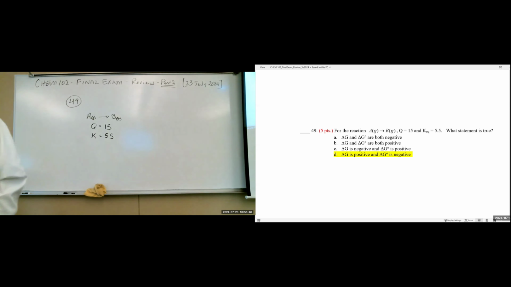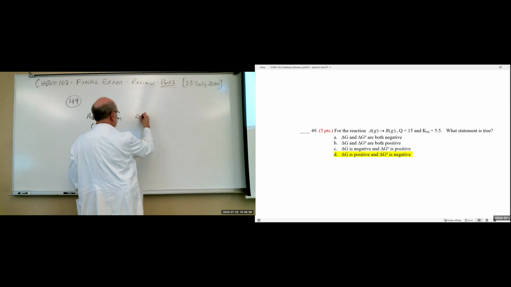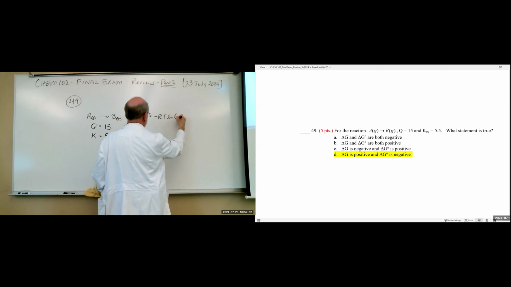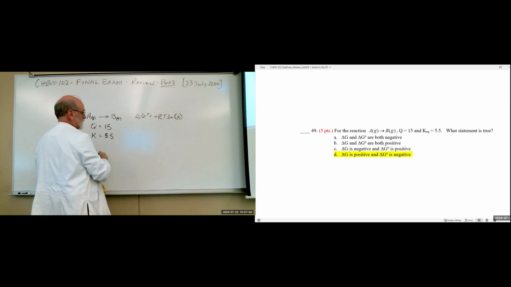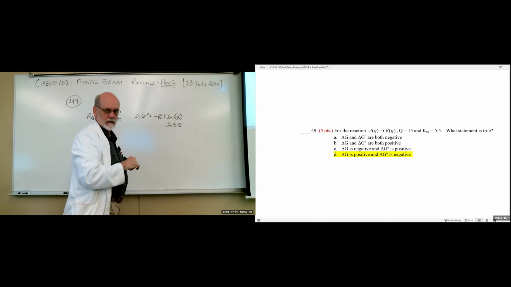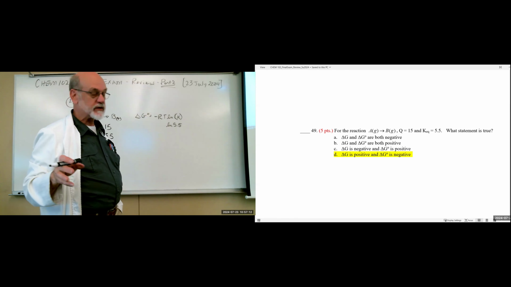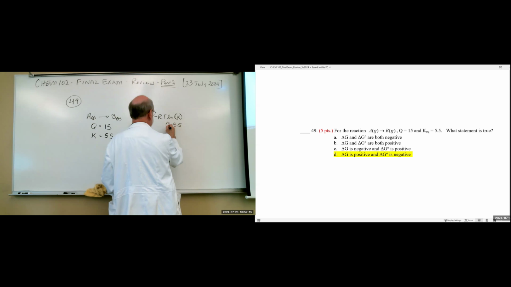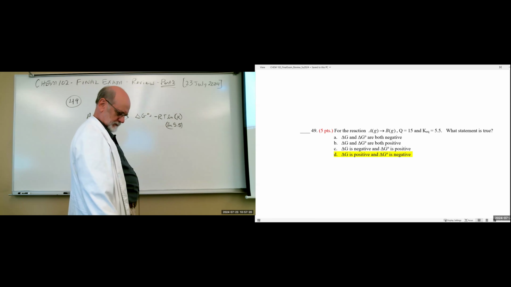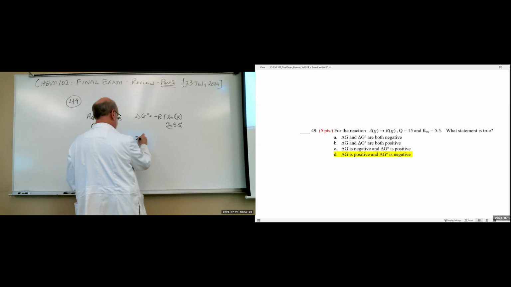Okay. We need an equation for delta G0, which equals minus RT log K. So we got a K here, 5.5, natural log. Under standard conditions, T would be 25, 273, 298.